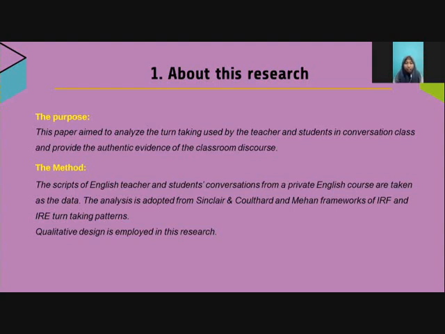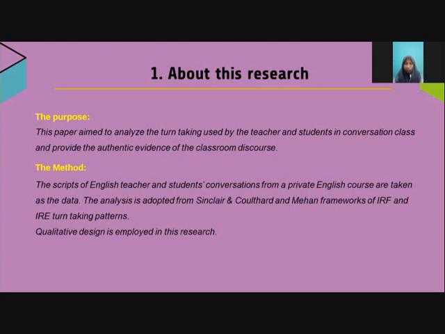Based on my understanding, having the knowledge of discourse will help the teacher in creating a second language learning environment that more accurately reflects how language is used, and it will help the teacher to engage the students with the target language they learn. In this case, it is English.